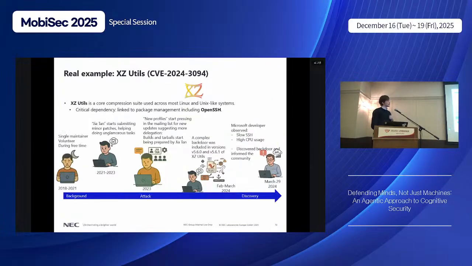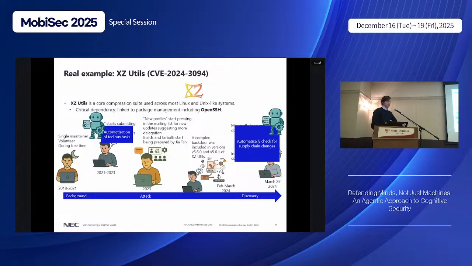So if we go back to our previous example, we could have used executors to automatically check for supply chain changes by the Microsoft developer. Also automating tedious tasks so that the original maintainer didn't have to depend on an unknown person to run them.